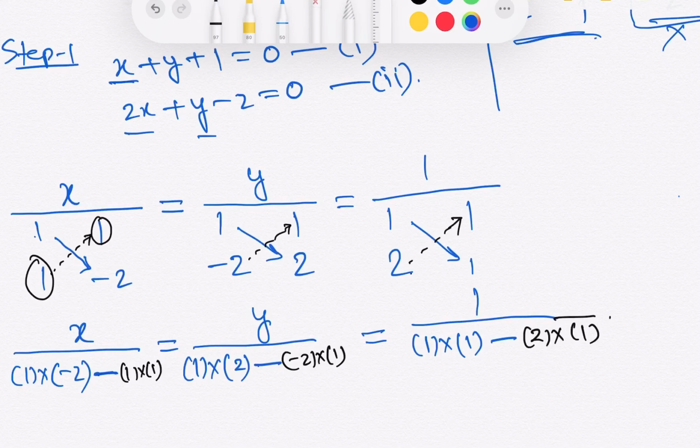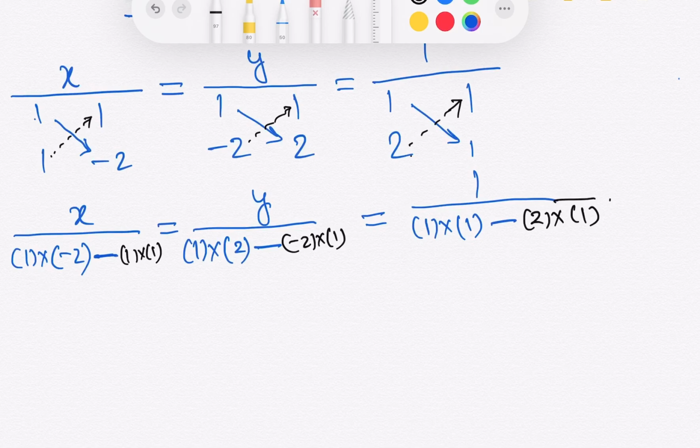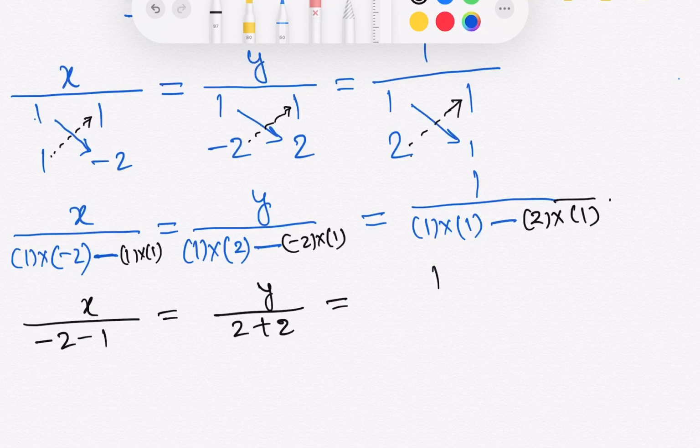This operation is complete. So now this looks like this. When you draw this type of step you will write here. Now after that you simplify this expression. For x divided by 1 into minus 2, also minus 2, and 1 into 1, now minus 1, equals y divided by 1 into 2, 2, and now minus 2 into 1, also minus 2, minus into minus plus 2, equals, for the constant part, 1 into 1, 1, and 2 into 1, 1, so 1 minus 2.